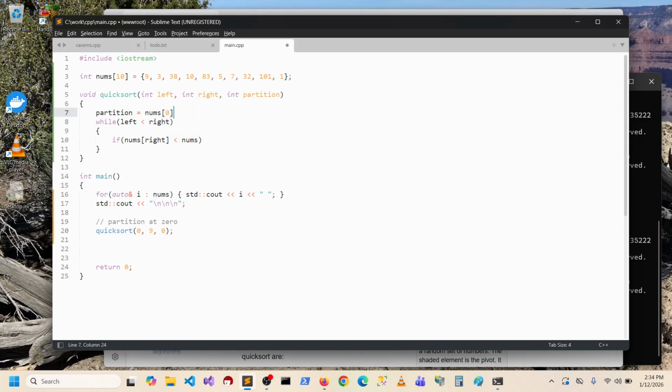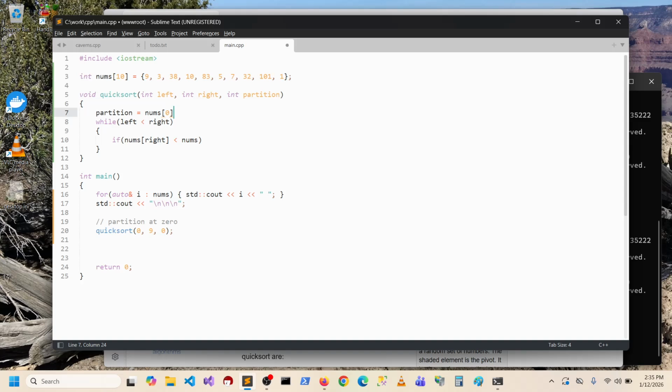Well, if we have that, then we don't even have to have the partition. Or actually, it'd always be the left pointer. Because even if we did the right side, wherever the left is, well, no. Do we pick a partition each time we run the quicksort on the subsection of the array?